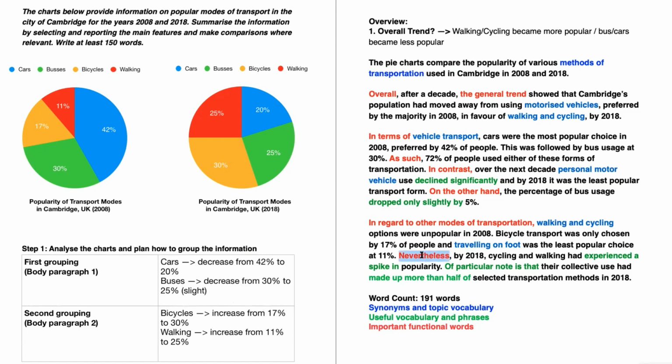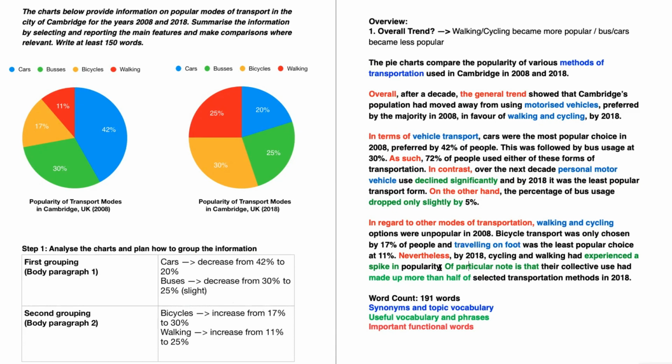Nevertheless, this is great when you want to include a contradictory piece of information. So even though they were so unpopular, nevertheless, by 2018, cycling and walking had experienced a spike in popularity. A spike is a great way to say a significant increase.